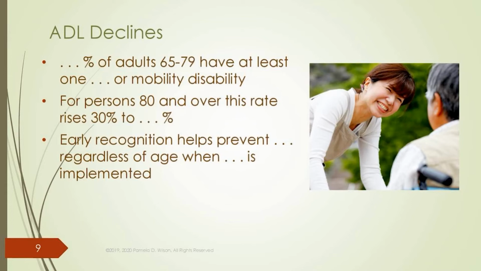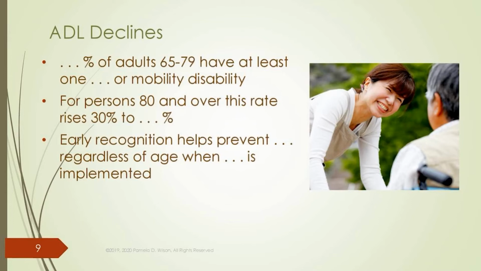Those are the ADLs and the IADLs all combined. So they have at least one of those that they cannot complete. And then once we get to age 80, that 41% rises by 30% to 71%. And most people over age 80 have more than one of these activities that they can't complete.